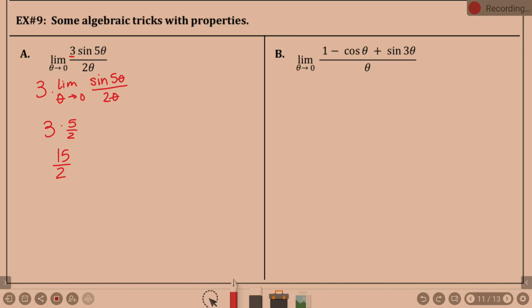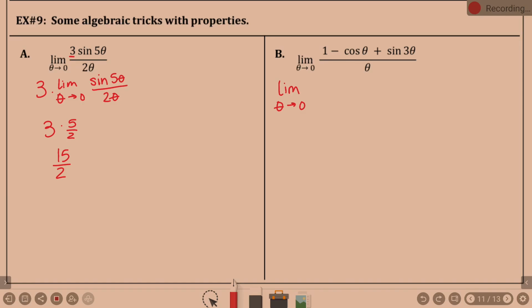Okay. B. I have a guess. What's your guess? I'm thinking 1 minus cosine is 0 plus sine over 3 is 3. Well, you can divide the fractions up. Officially, you guys are both on the right track. We can split this into 2 fractions, because then it'll make that first part 0.